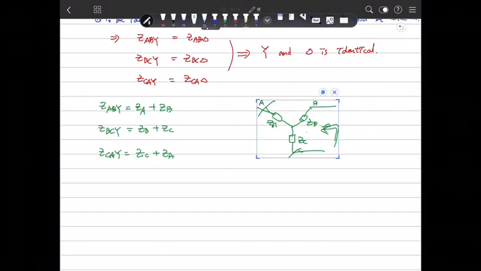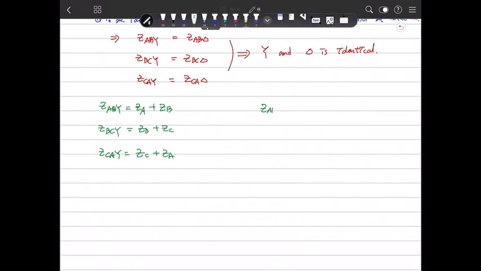And how about the delta? The delta is a little bit more complicated here. We define A, B, C, with GAB, GCA and GBC. From the viewpoint of terminals A and B, C is open, not connected here.